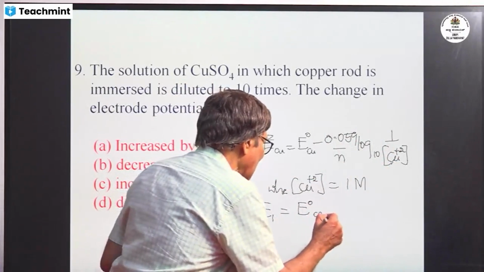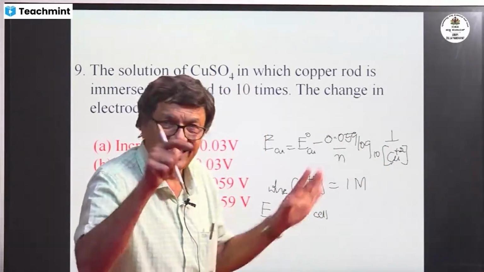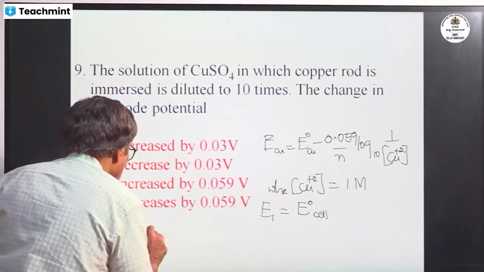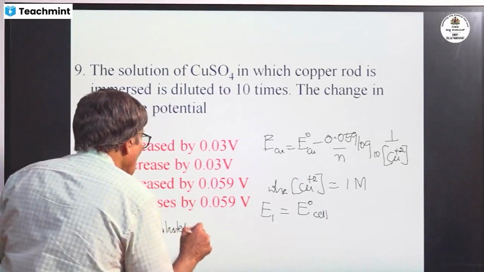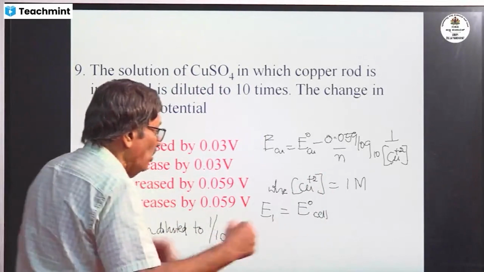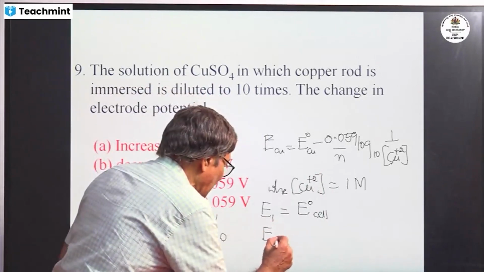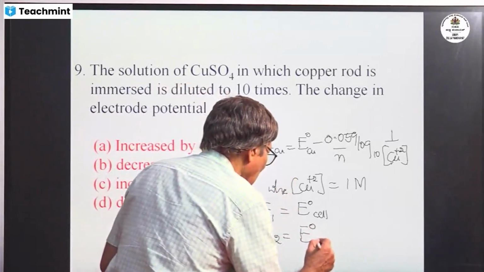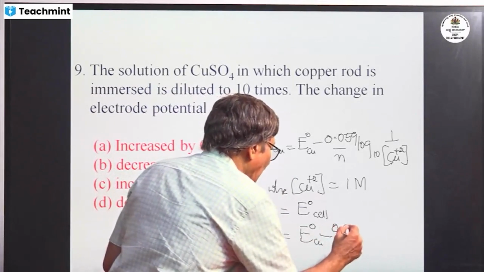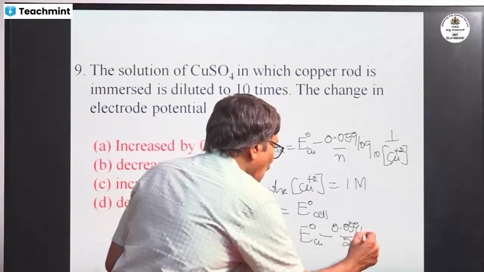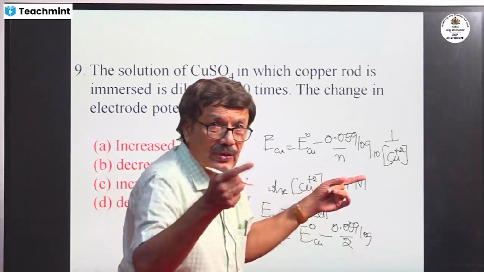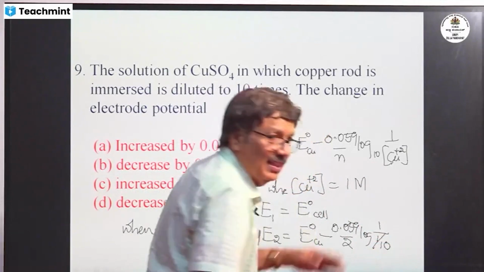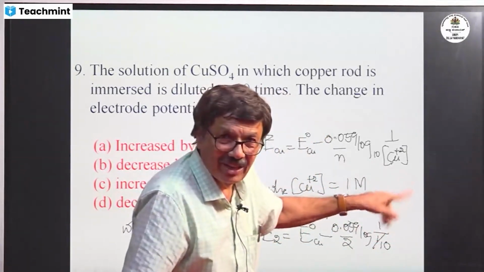When it is diluted to 1/10, let E2 be the new electrode potential: E naught minus 0.059 by 2 log of 1 by copper ion concentration. Diluted 10 times means the copper ion concentration is 1 by 10, so 1 by 1 by 10 is 10.